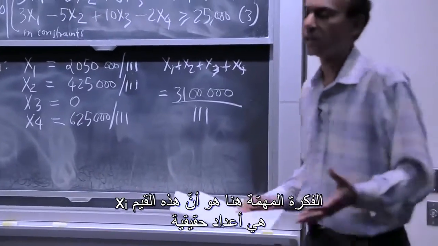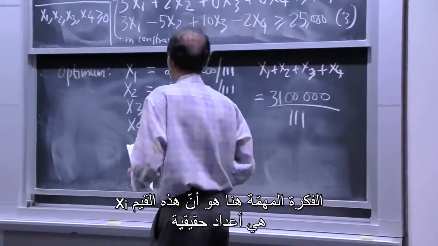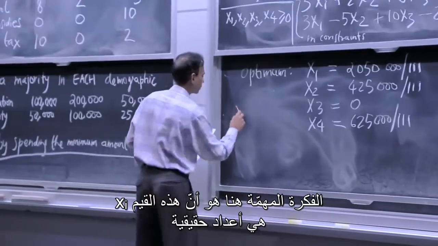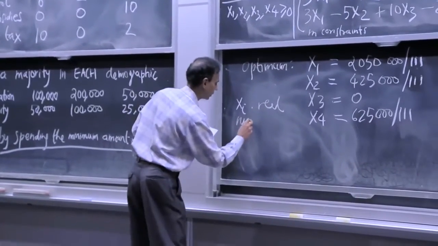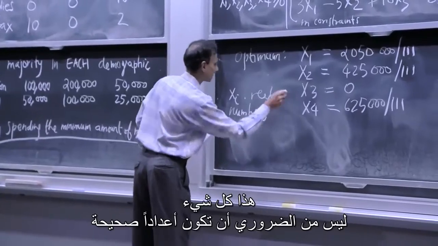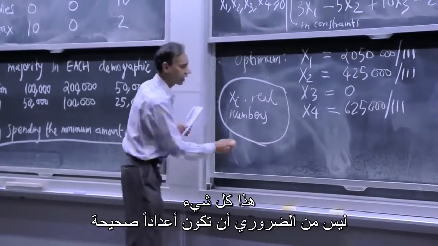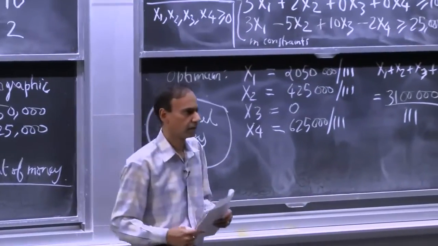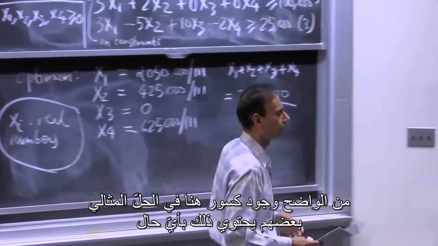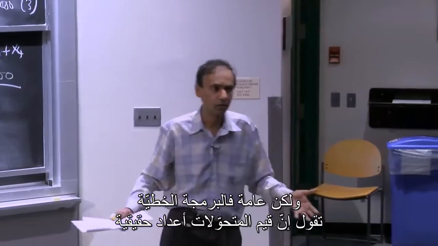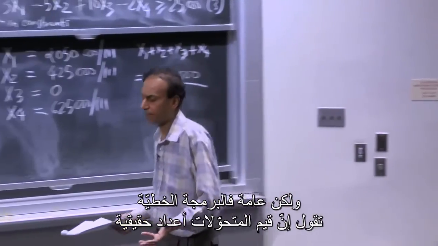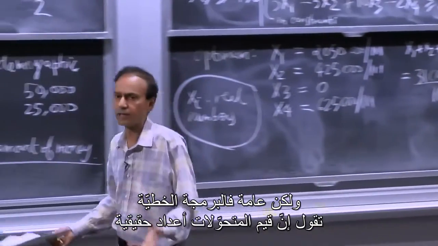So an important consideration here is that these values xi are real numbers. That's it. It's not that they have to be integral. Clearly there were fractions here for the optimum, some of them anyway. But in general, linear programming says the variable values are real.